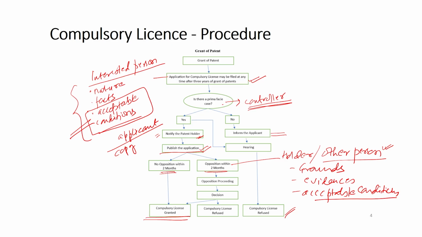So, if he has no problem with the grounds and other things, he only has a problem with the conditions which are mentioned by the interested person in his application, then he will present his conditions.